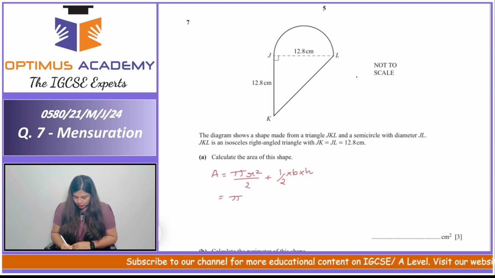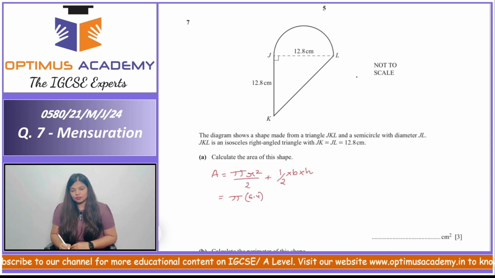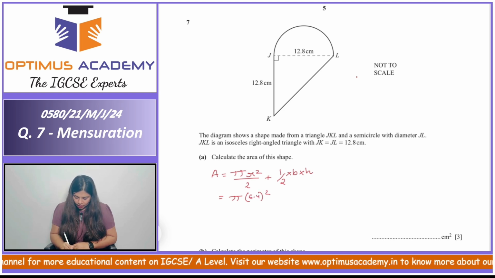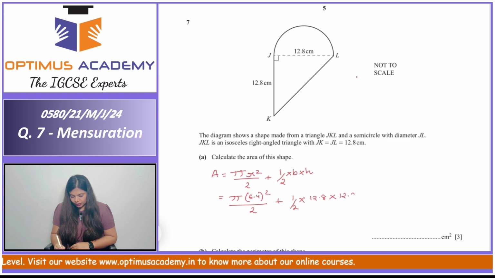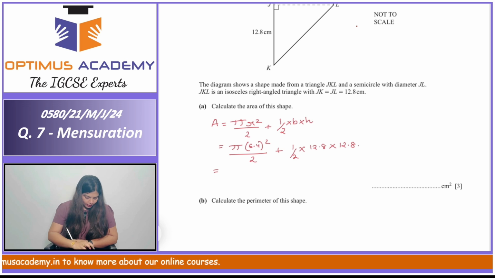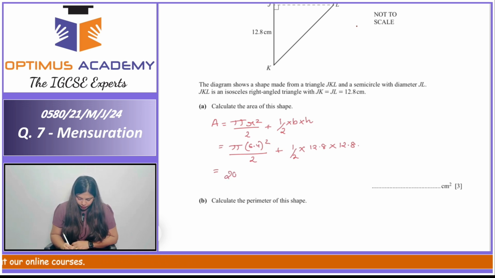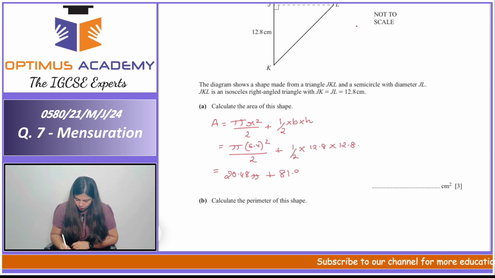After substituting, we know pi, bracket, radius would be 6.4, half of 12.8, squared, upon 2, plus half into base 12.8 into height 12.8. When we solve this in the calculator, we get 20.48 pi plus 81.92.